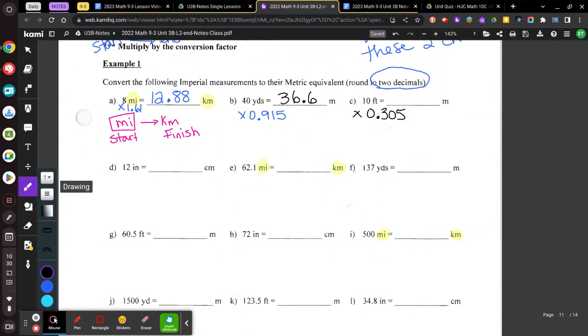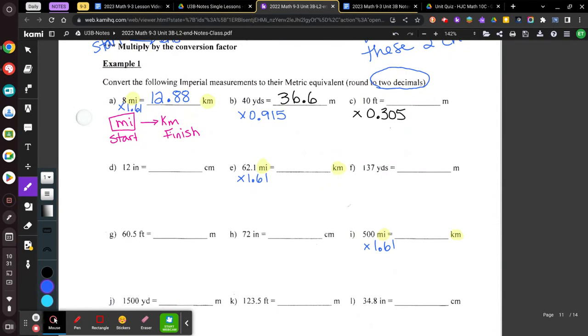So for those questions, I'm going to take the exact same number, times by 1.61. So I've done 3 questions that match the same conversion. So we're going to do these 3 because they match the same conversion, mile to kilometer. Then we're going to do the ones that go yards to meters.